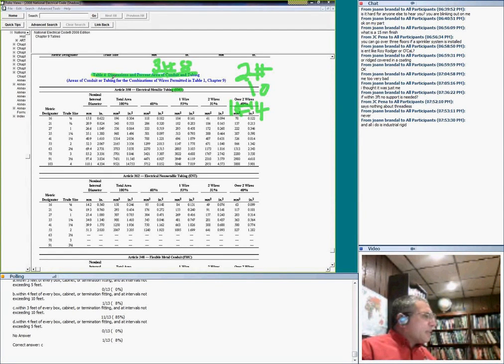Table 4, guys, specifies the size you can fill for all the conduits recognized by the code. So EMT, for example: I have 4-inch EMT and have more than 2 conductors, as you can see. How much can I legally fill out of this 4-inch EMT? I can fill up to 5.901 square inches if I have more than 2 conductors. If I have a nipple, which is 24 inches or less, it can go all the way up to 8.852. You have the ability to fill more.